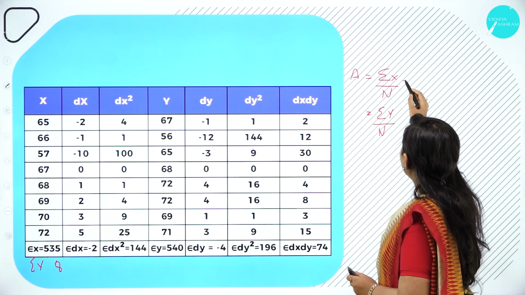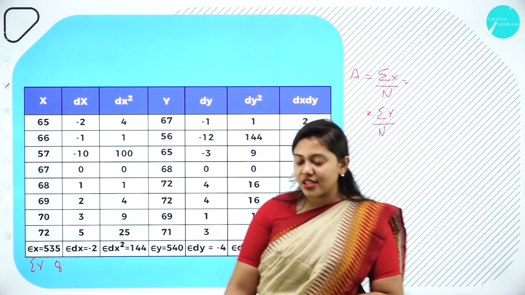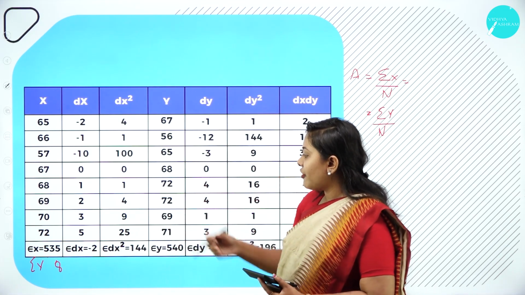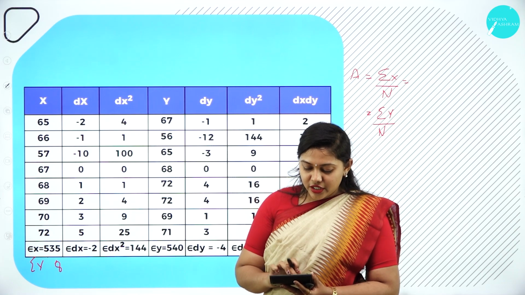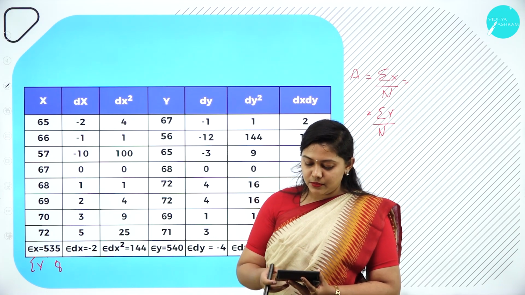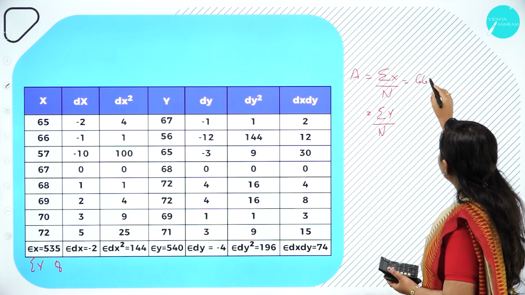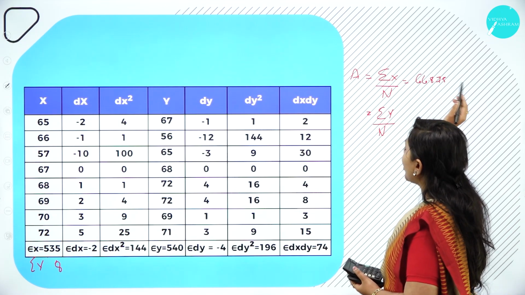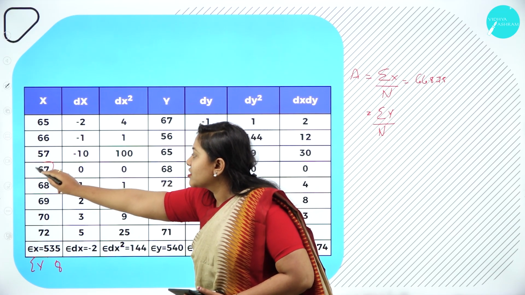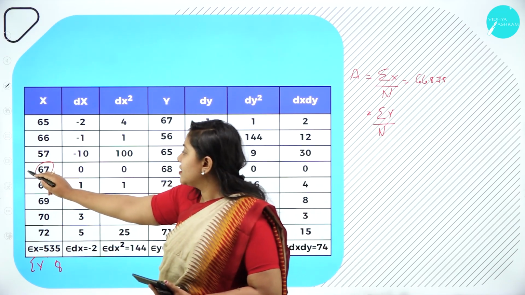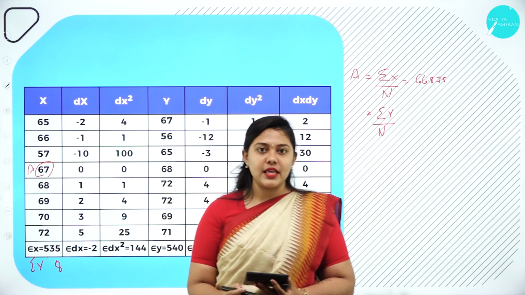So let us calculate with sigma x, that is 535. So 535 divided by 8 will be around 66.875. We will take the approximate actual mean as 67.